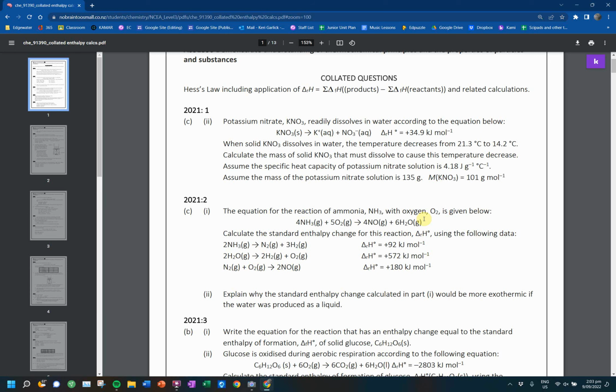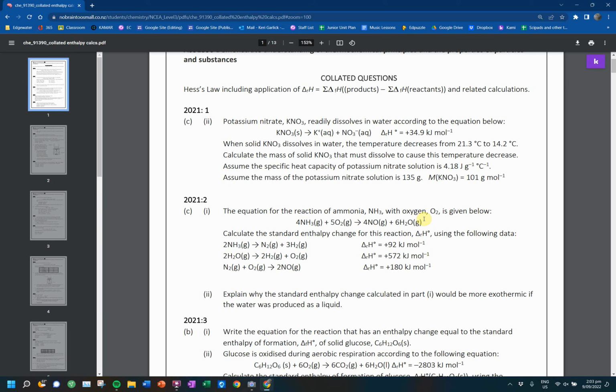And they've given you the following data. So we'll write down those equations too. So they've given us the reaction for making ammonia, or breaking down ammonia actually. And the delta H for that one is positive 92.